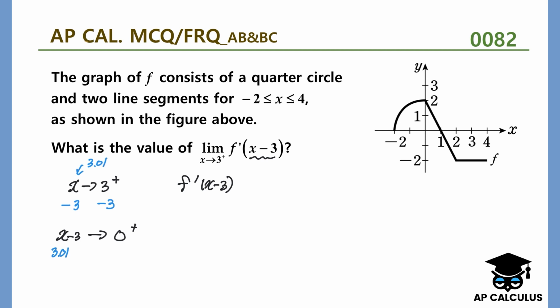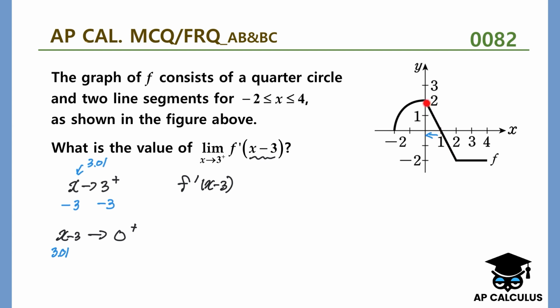Remember, f prime is the slope of the tangent line to the graph of f, right? So as x minus 3 approaches 0 from the right hand side, what about the slope? Look at this function right here. This is a line, right?